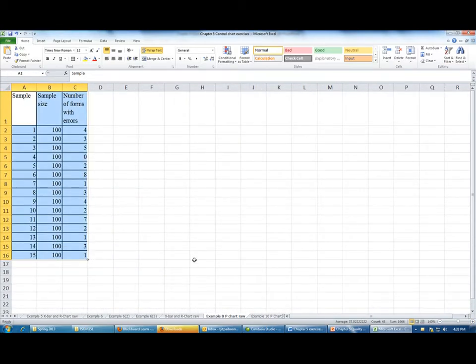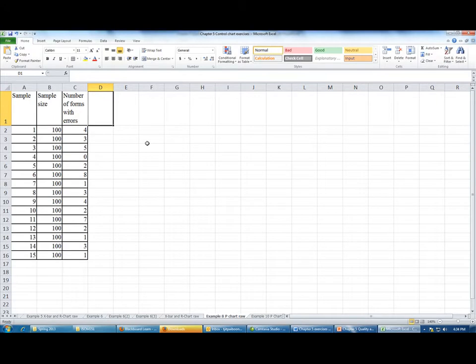Example 8, not 6. Okay, for this example, you have a sample size of 100 and about 15 samples. So first you will find out proportion P, which you take as the number of errors divided by sample size.